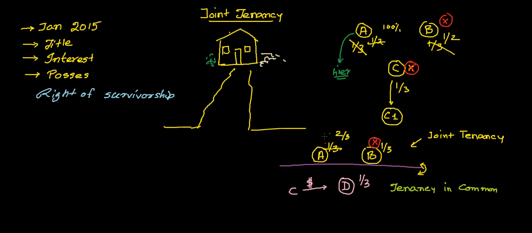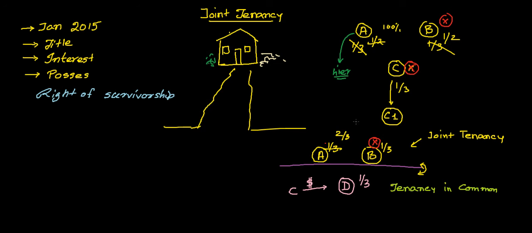Because there is a joint tenancy, it automatically transfers the ownership based on survivorship. So because A and B are still in joint tenancy, if B dies, A will become the owner of B's part, and then A will become the owner of 2/3 of that property.